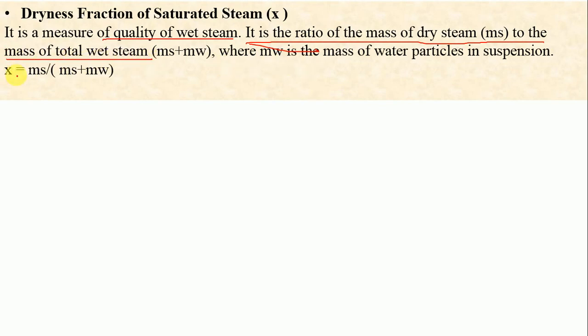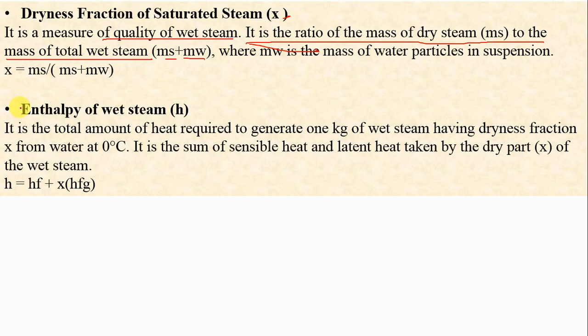We denote it as X, the dryness fraction: mass of steam divided by total content, that is the weight of steam plus weight of water. It means how much steam is present in that particular mixture.